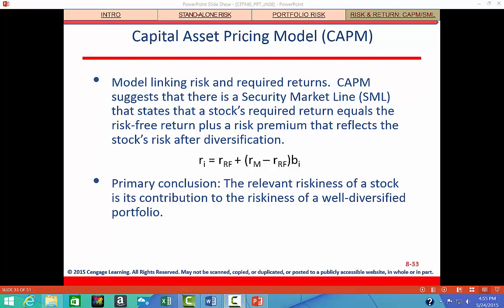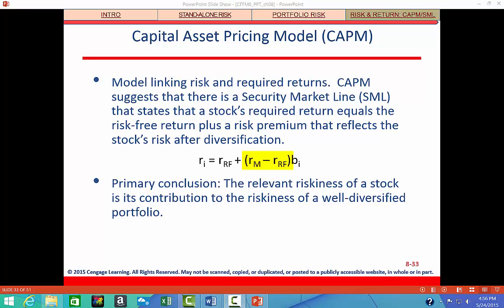So basically, what the equation says is that the return on a stock is equal to the risk-free rate plus the beta of the stock, which you've probably heard people talking about in the financial markets or the news, beta measures the riskiness of a stock, times a market risk premium.